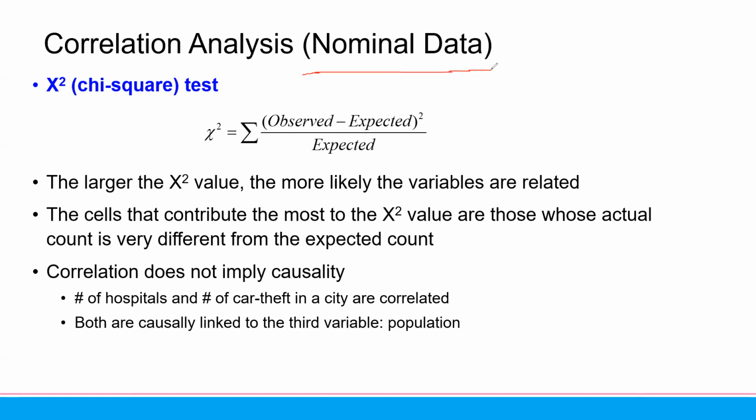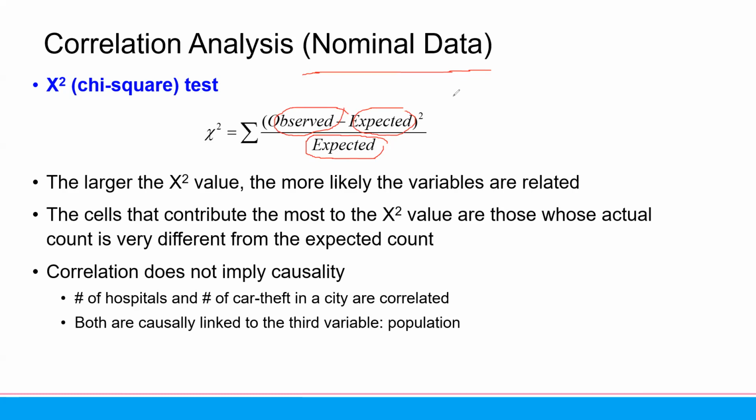Usually it is text, or qualitative, or discrete. We call this categorical data, and the formula is the observed minus the expected value, squared, divided by the expected. We can also use this for numerical data, but there is another way.